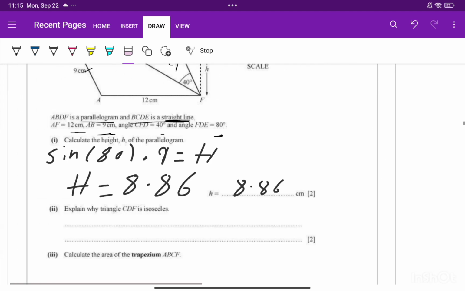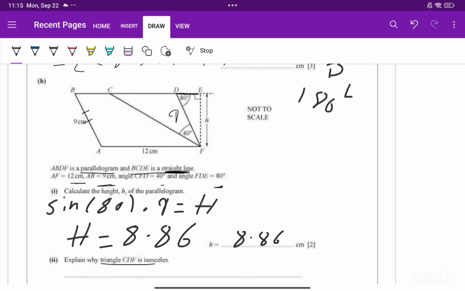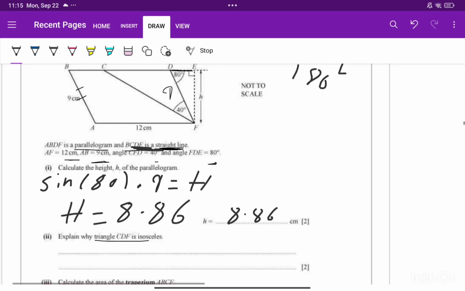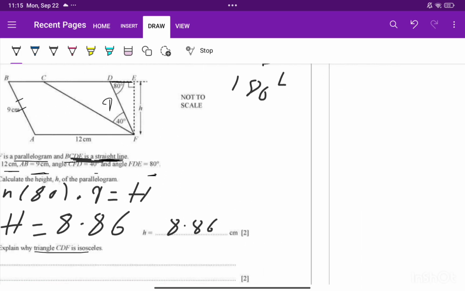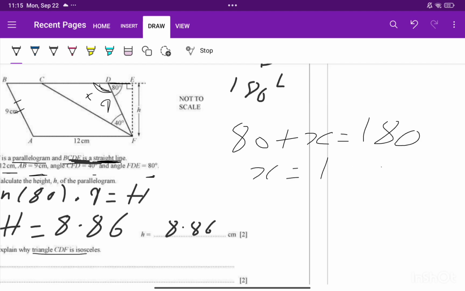Okay, next question. Explain why triangle CDF is isosceles. C, D and F. Okay, they are talking about this angle. As we know, BCD is a straight line, so we can calculate this angle. For example, this angle is X, so 80 plus X is equal to 180, so this angle will be 100.